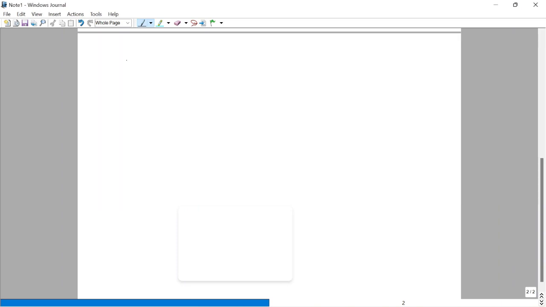So, let us define W perp to be the set of vectors X in V so that the inner product of X and W is 0 for all W in capital W. I claim this is a vector subspace. 0 belongs to W perp, that's very clear because 0 inner product W is 0.